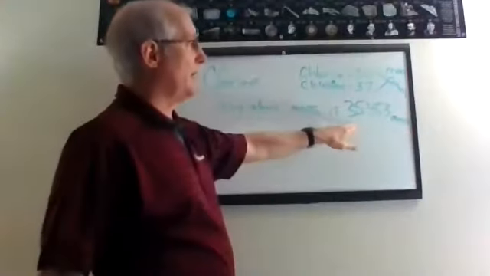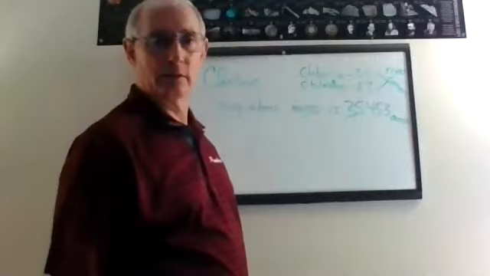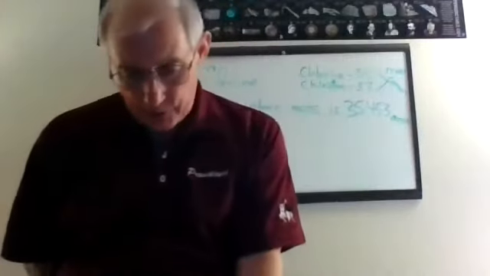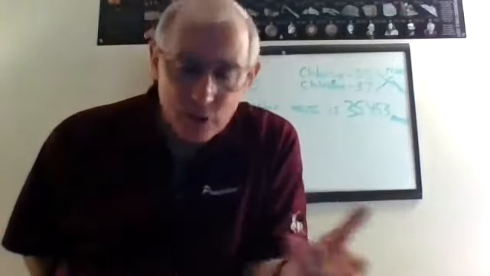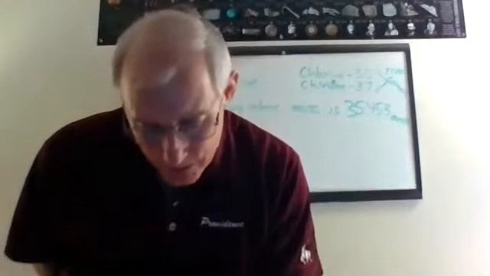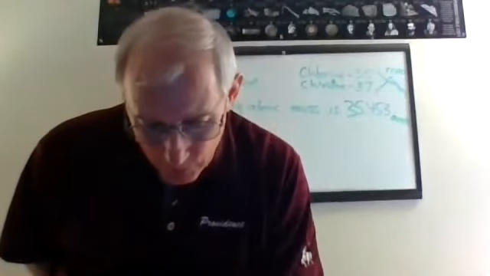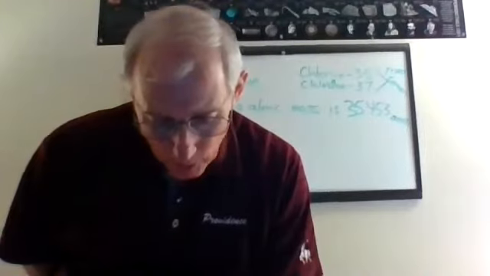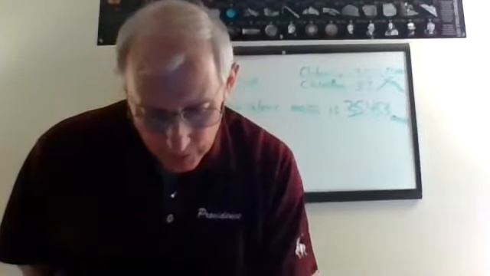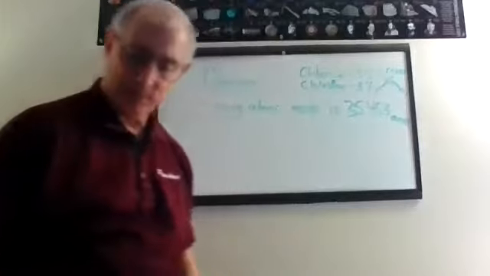If you said 35, you're correct. But is that one of the answers? The question reads goofy. It gives you choices. One choice is, do most chlorine atoms contain 18 neutrons? Or do most chlorine atoms contain 20 neutrons?